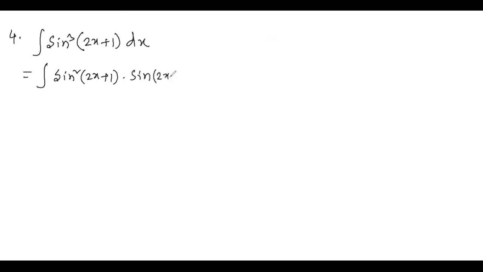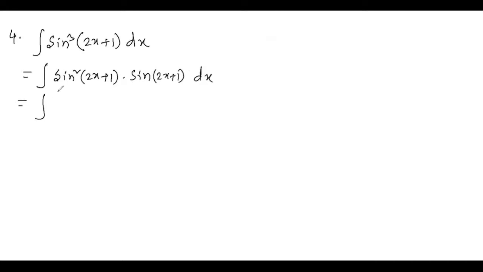Next, question number 4. Sine cube (2x plus 1) dx. So how do we integrate this one? Here one trick is there. What you will write here? You write sine square (2x plus 1) into sine (2x plus 1) dx.